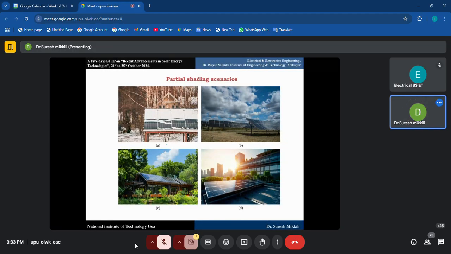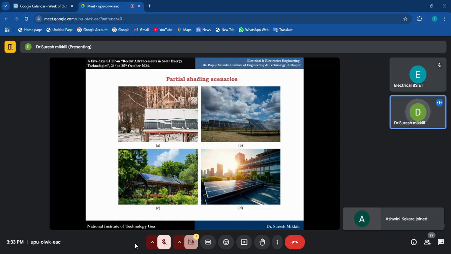Suppose you consider the system, the PV panels. When you observe, there is a partial shading condition available. Some modules are shaded by some elements.